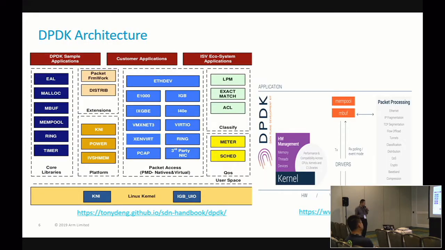And this is the DPDK architecture. The most important component of DPDK is the poll mode driver, which supports all the typical off-the-shelf hardware such as i40e and ixgbe, and third-party NICs from vendors such as Marvell and others.